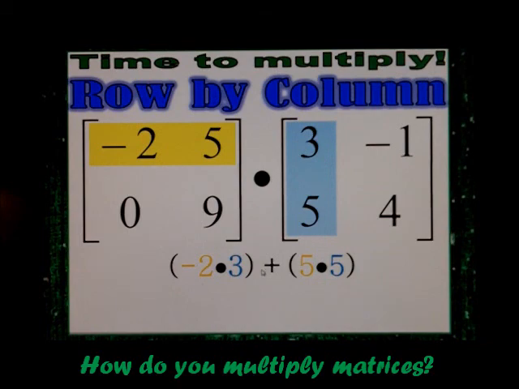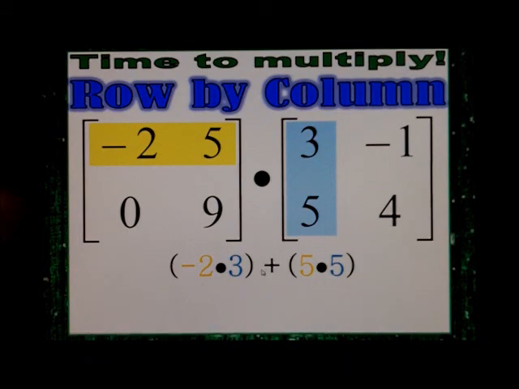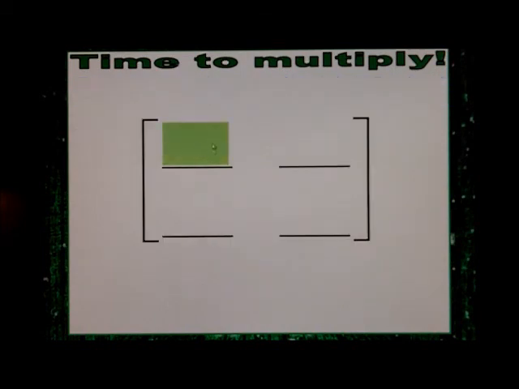That is the process every single time: take the row by the column, and add the results in the middle. So I get -6 and 25, add that together, you get 19. So this 19 is my new result of multiplying this row by this column, and it goes up here in the first spot, top left corner.